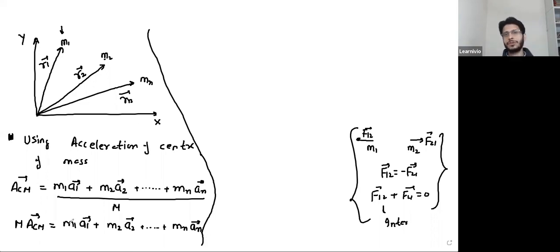This is the mass of the system multiplied by the acceleration of the center of mass of the system.